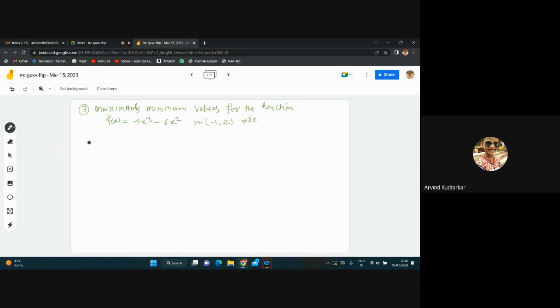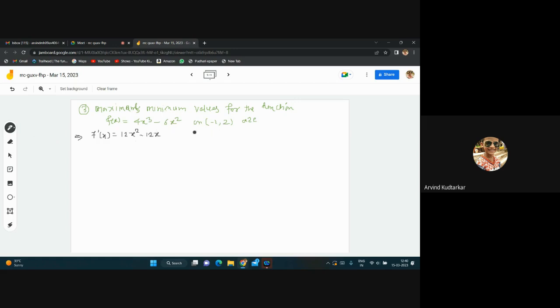First you have to find the first order derivative and the second order derivative. f dash of x will be 4 into 3, that is 12x square minus 12x.